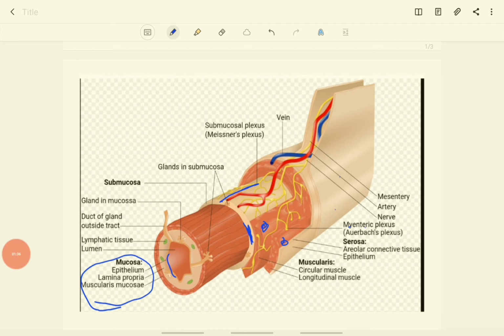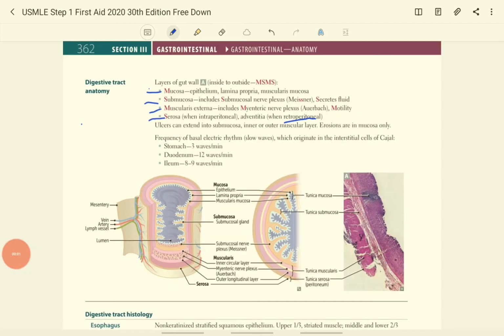Between that we have the myenteric plexus. In case of an ulcer, it will extend into the submucosa and the inner and outer muscle layer. If it is erosion, it will affect only the mucosal layer.